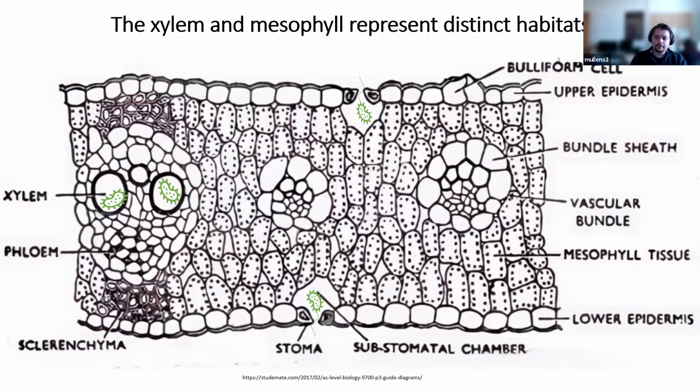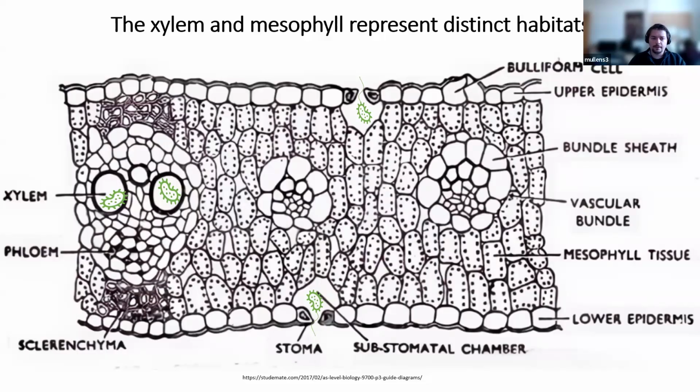Most of the time, bacterial pathogens will end up evolving to specialize in colonizing either the mesophyll or the xylem. And plants, of course, would use different resistance mechanisms against pathogens in each of these different tissues.